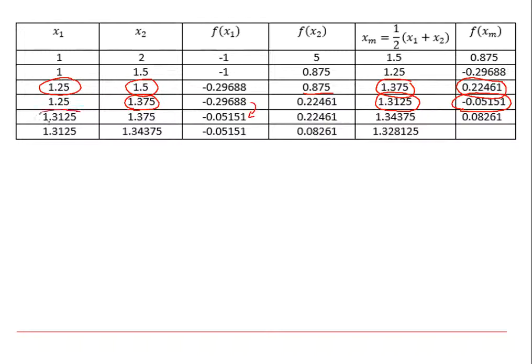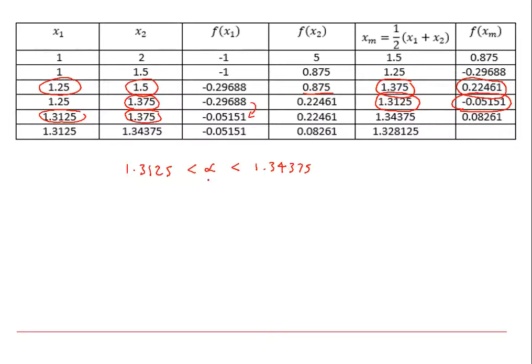So we've now got an interval of 1.325 to 1.375, and then the process continues until we end up with alpha being somewhere between 1.3125 and 1.34375, and the reason we can stop at this point is that both 1.3125 and 1.34375 round to 1.3 to 1 decimal place.